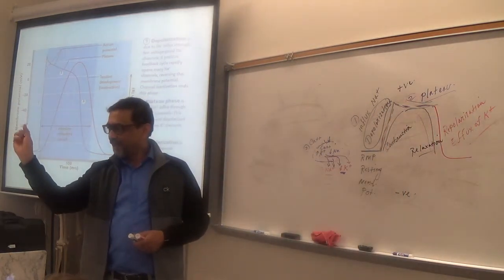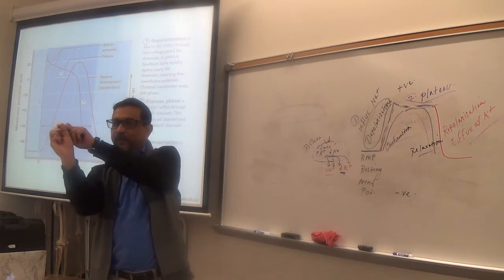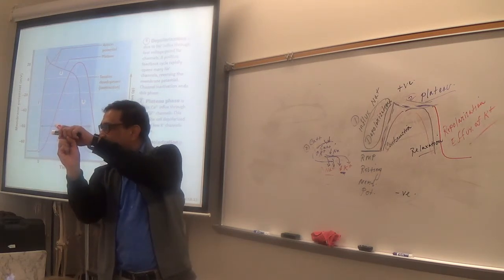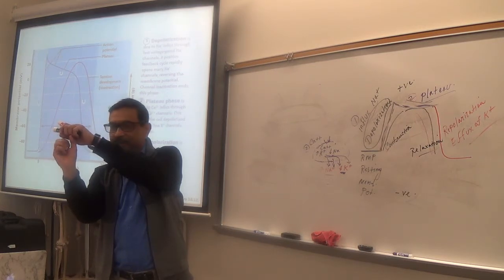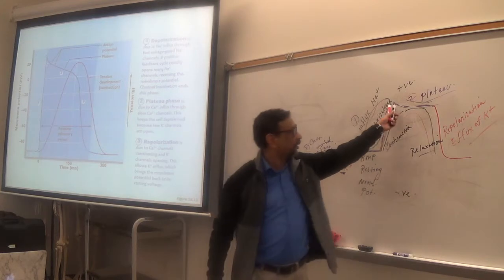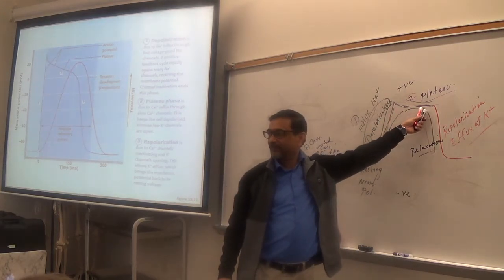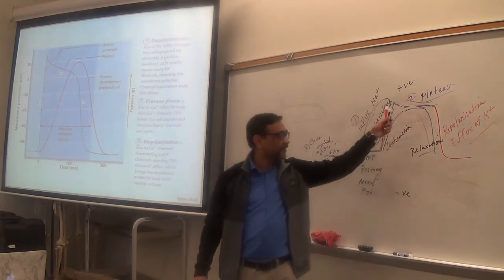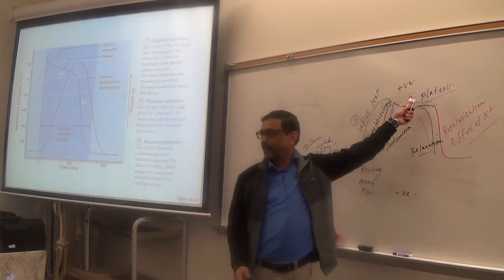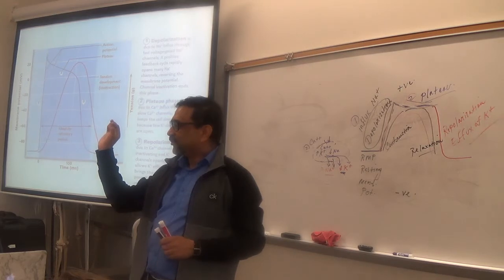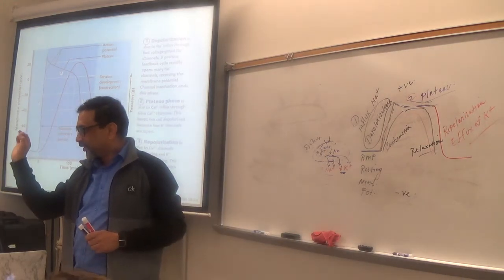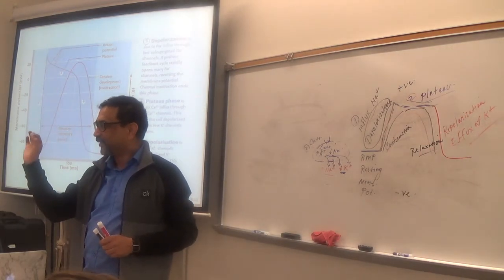Now, what does this plateau do? The heart contracts, right? And then you need a little bit of interval before it relaxes. You know that. That's the rhythmic contraction and relaxation, right? So that interval is given by the plateau. This is contraction, this is relaxation, but in between you need a little bit of time, right?